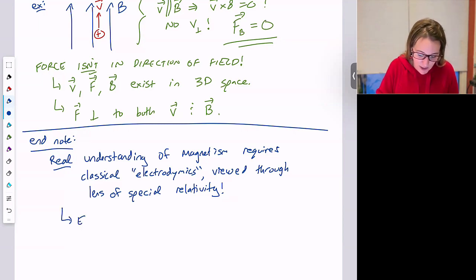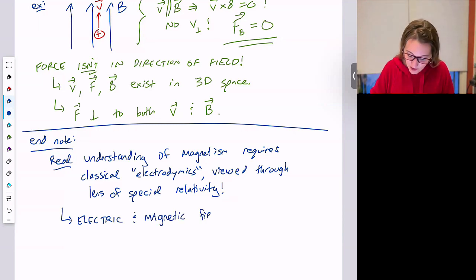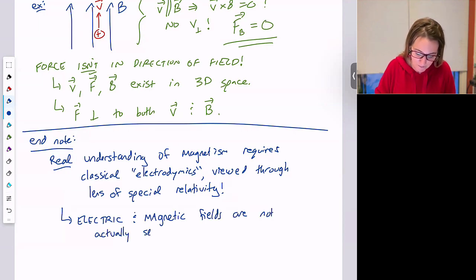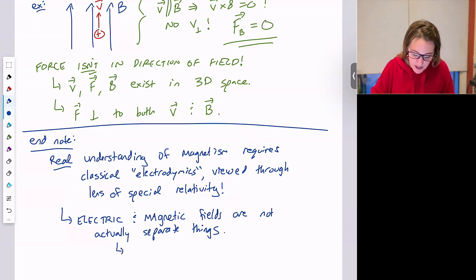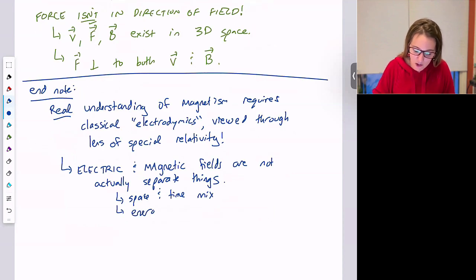I think one nutshell that I might let you take away is that electric and magnetic fields are not actually separate things. The deeper that you go into physics and truly understanding the laws of our world, they mix together. So electric fields mix with magnetic fields, just like space and time mix, energy and momentum mix when we start doing relativity.